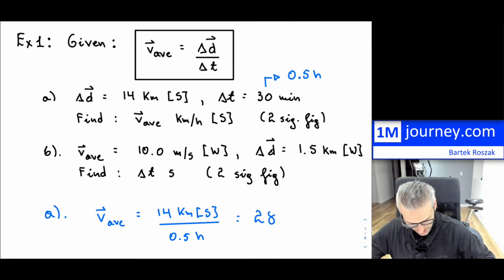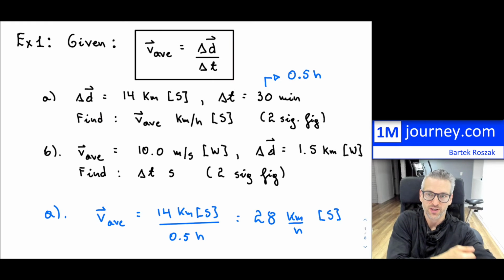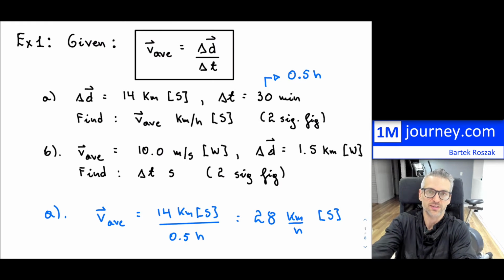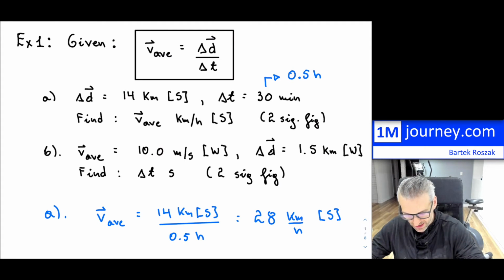You can certainly check that on the calculator if you're uncertain. Then we have to stick with the directions. If you are not given a direction, then you just assume the direction with respect to the reference is positive as it is. But in this case, we do have the directions provided.